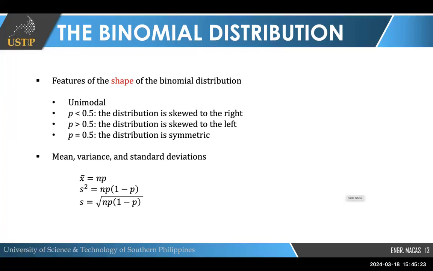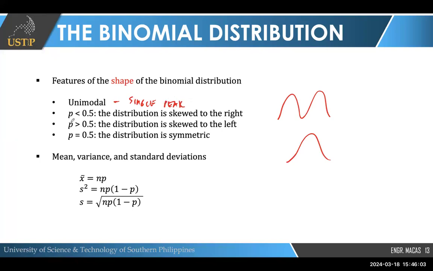I introduced this in previous lectures, right? In unimodal, you only have one mode. You can see in the graph that it has only one peak. Okay? Later, this will be the foundation for graphing the normal distribution. So, again, unimodal means that it has a single peak.